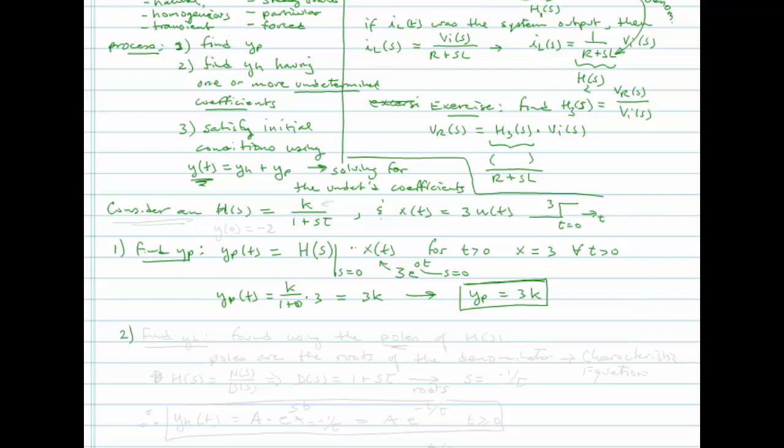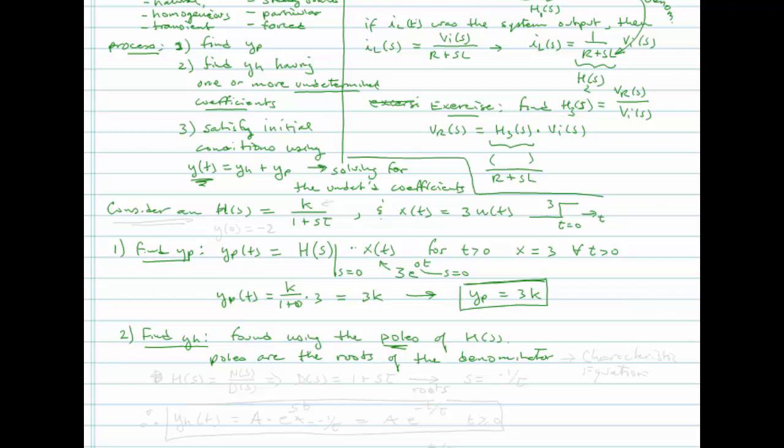Second step is find y of h, the homogeneous response. Now the homogeneous response can be found using the transfer function. So found using particularly the poles of h of s. What are the poles? Poles are the zeros, or the roots, of the denominator.